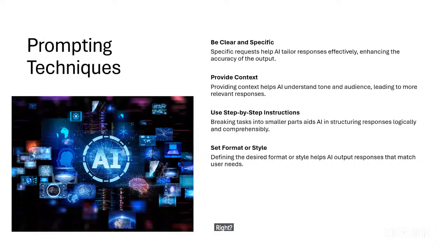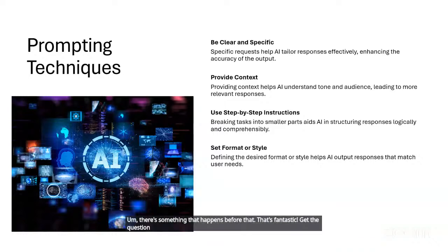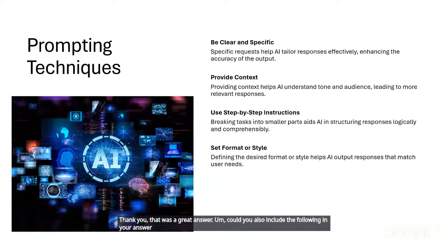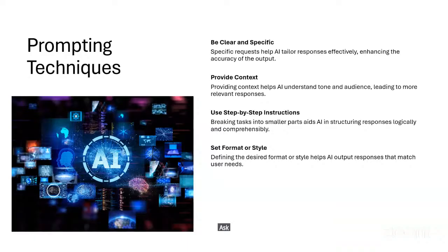Get the question, get the answer, and then say something to the effect of, thank you, that was a great answer. Could you also include the following in your answer? And insert this before the following heading. Ask the question again, get the result again.